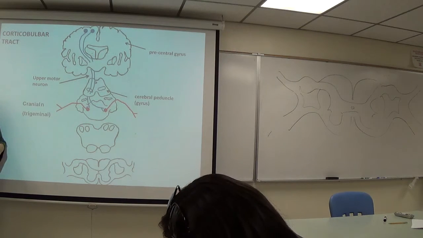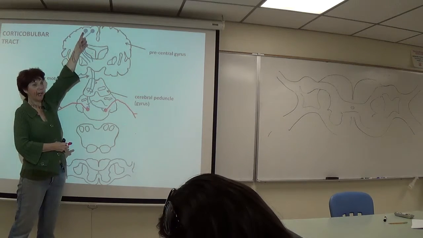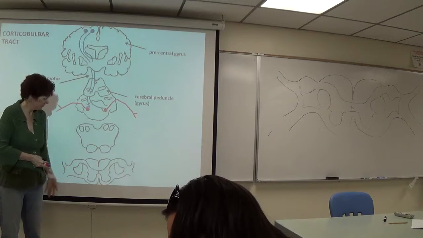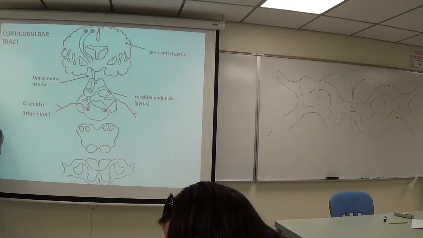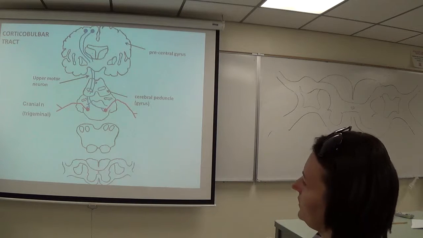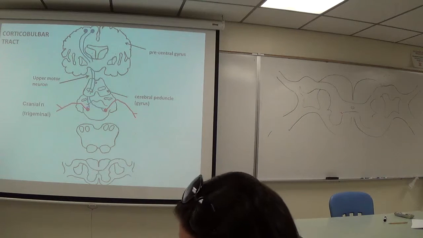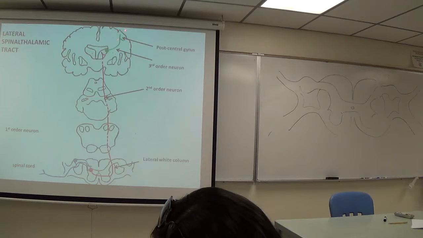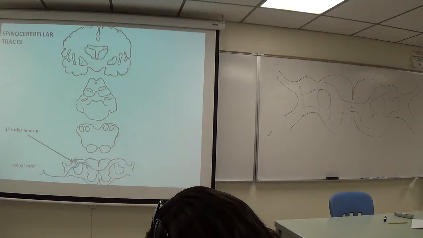It's coming from the precentral cortex, because I have a cell body up here, all right? It's not going through the thalamus. My cell body is in the cortex. It's the beginning of my pathway. It's a descending pathway. And you know that because my cell body is here instead of my neuron ending up there. So that tells you it's motor.